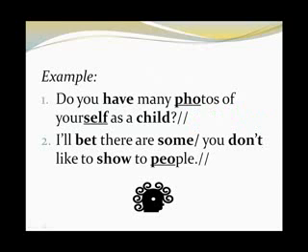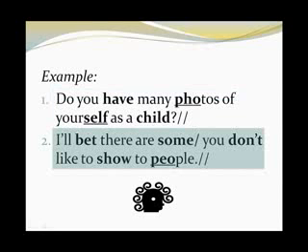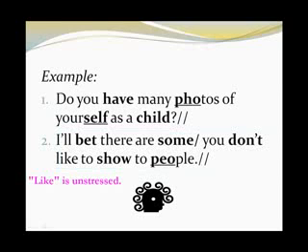Have, photos, yourself, child. Do you have many photos of yourself as a child? Number 2. I'll bet there are some you don't like to show to people. Here I did not stress the verb like, although like is a content word. The flow is a little more natural without stressing all those content words in the second half of the sentence.